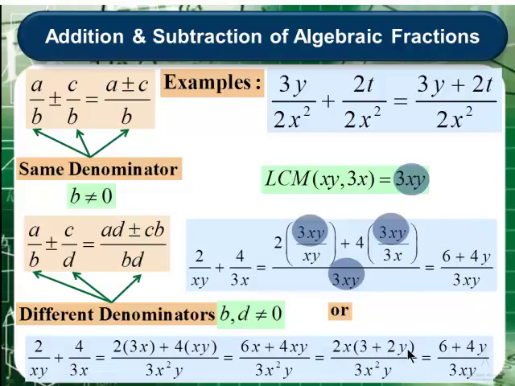And we can just multiply the 2 throughout, again if you wish to do that, to find the expression above the line in the numerator position to be 6 plus 4y. So it's exactly the same then as we had before. So there are two approaches then to adding or subtracting algebraic fractions of this type.